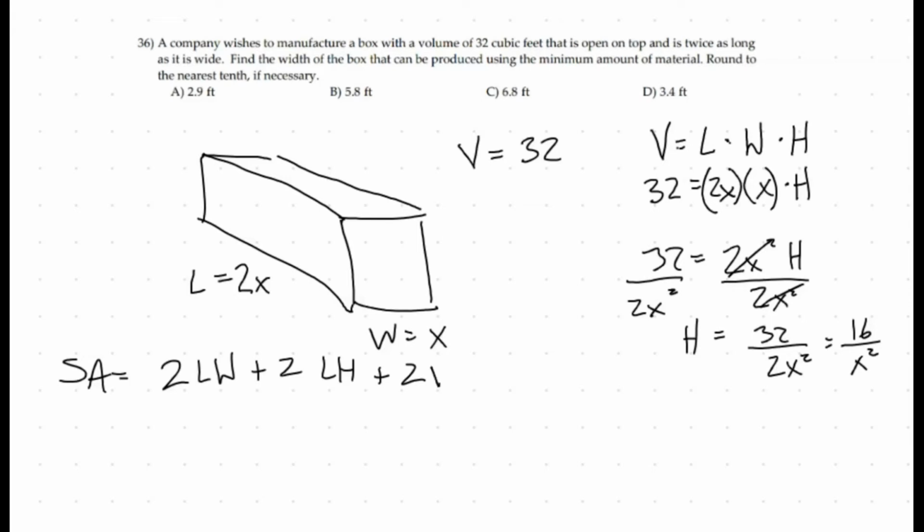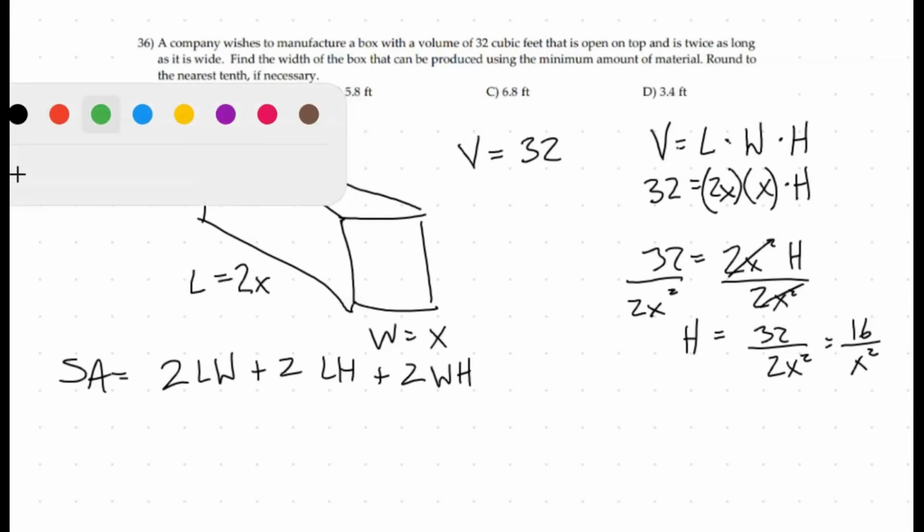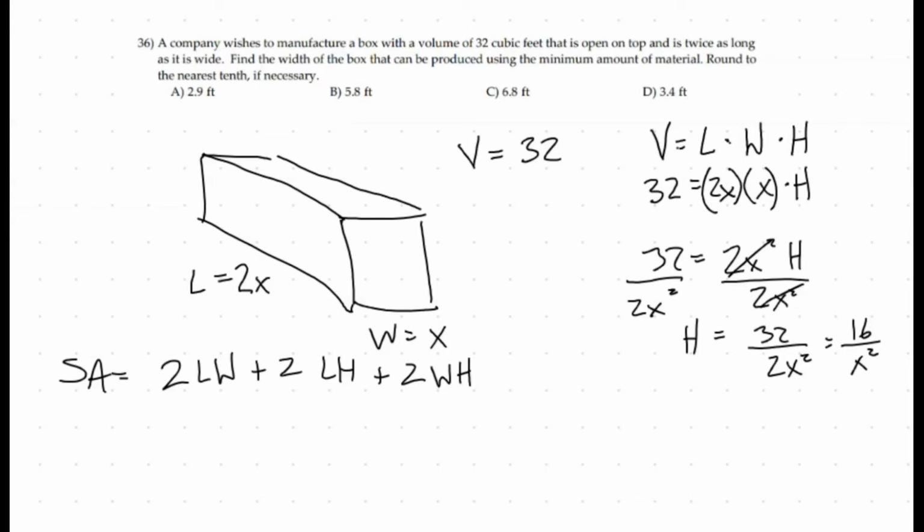We need WH, right? So there's two kinds of panels for each dimension. So we have a panel here, and there's another one over here. That one's the length times the height. Those are each the length times the height.